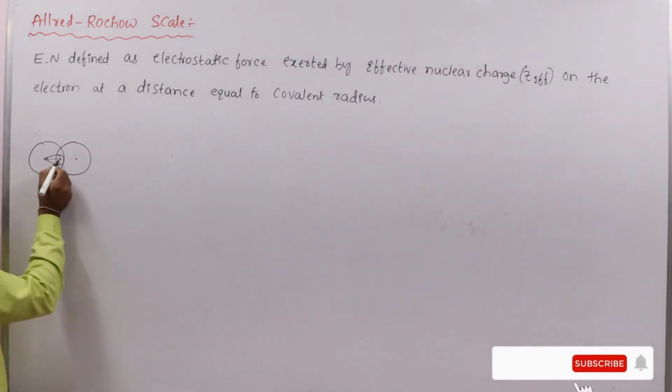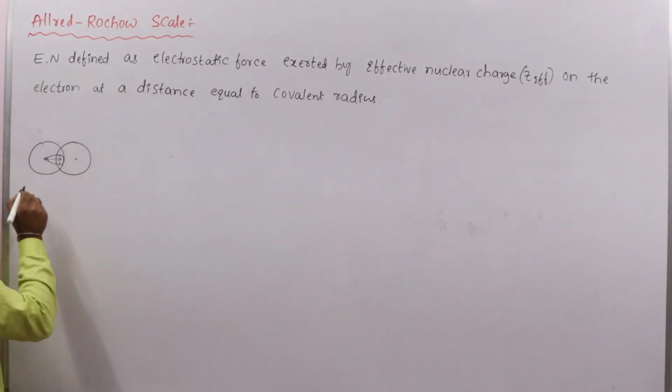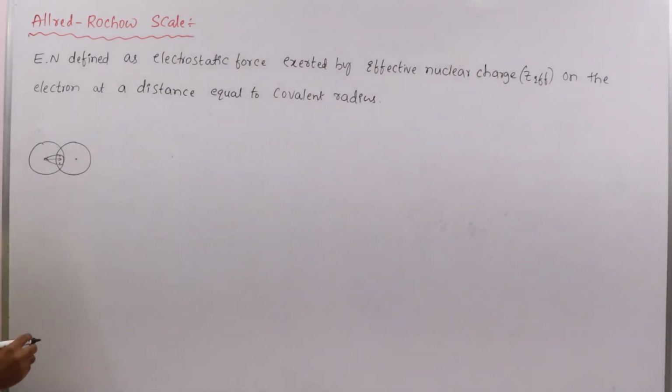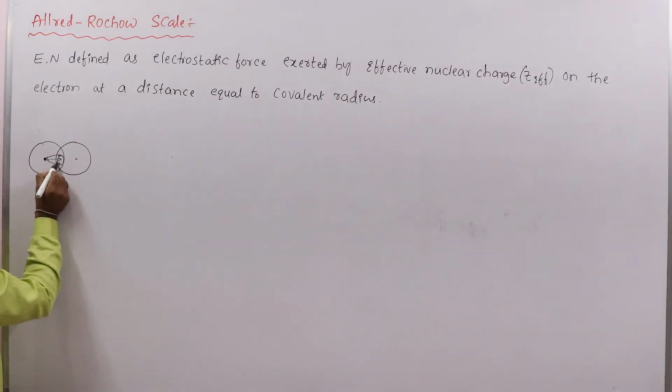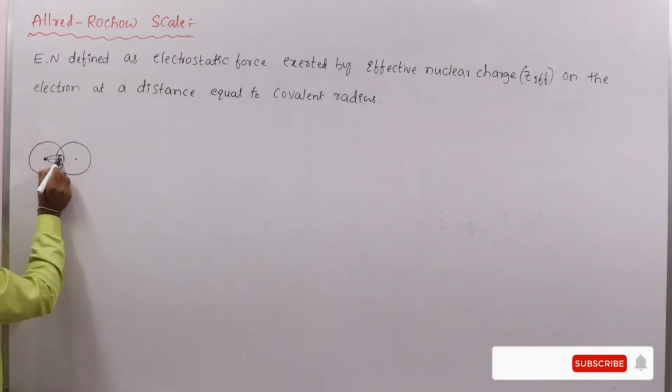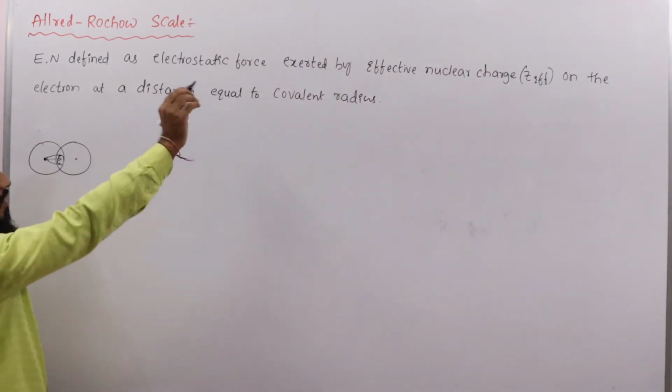Why are we taking the covalent radius? Because these two atoms are covalently bonded by the mutual sharing of electrons. So the electrostatic force by this nucleus, that is the effective nuclear charge, on the electron which is covalently bonded, at a distance of covalent radius, is nothing but the electronegativity given by Allred and Rochow.